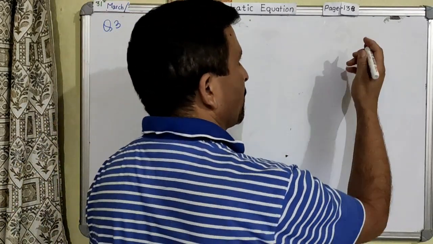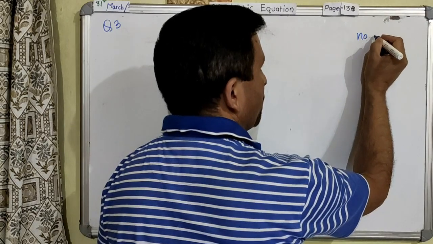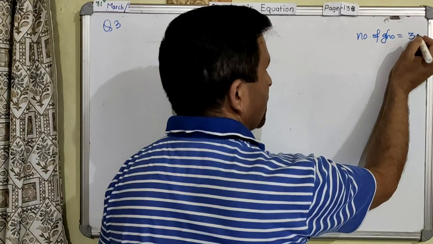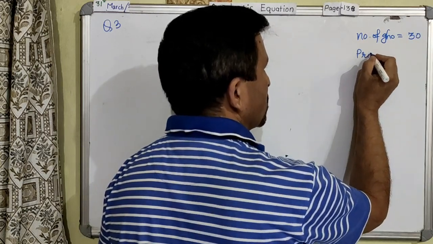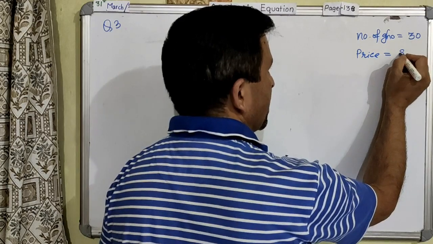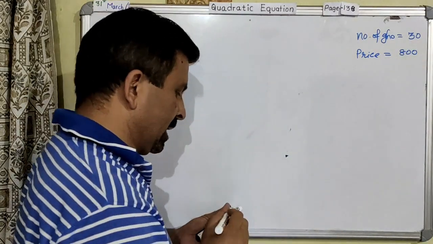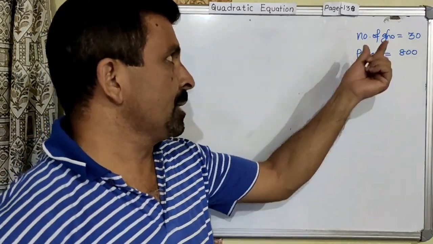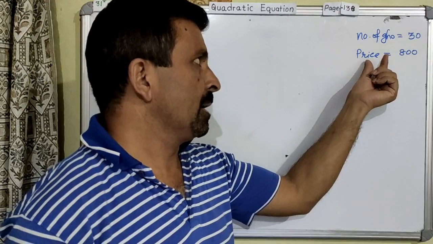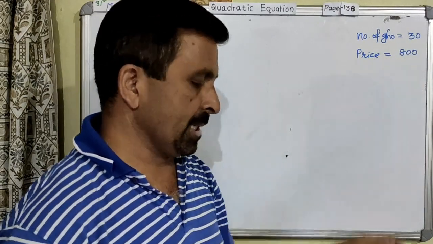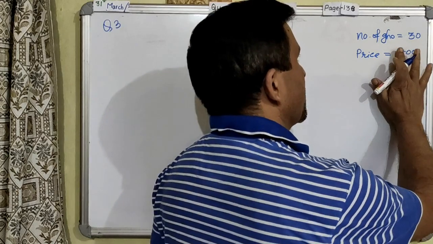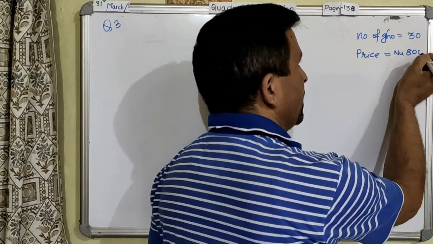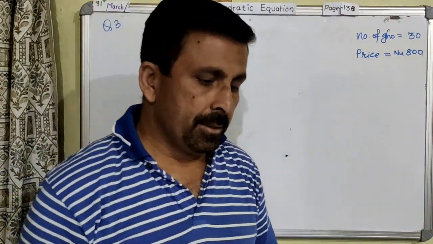So the number of hoes that he can sell is 30 when the price of each hoe is 800. A very similar question we have done in the previous video also, so you will not find much difference. This is price, so I will write it with the unit. It will make you clear. 800.